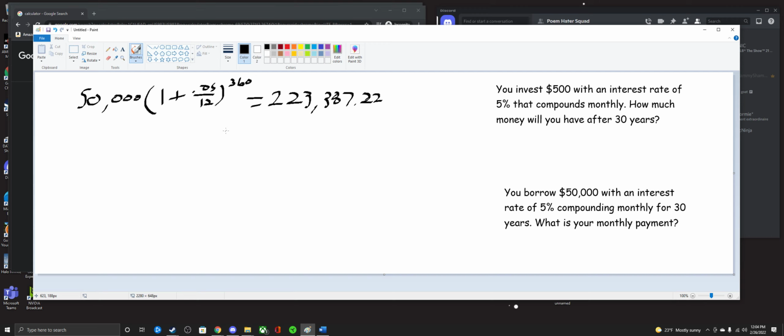So now that we know how much this loan will be worth at the end of all 30 years, this is how much you would have to pay. Like, per month, you would have to eventually add up to this amount. So in order to solve that out, we use a new equation. We use A times 1 plus, actually I need more space. So we have A times, we want to use a larger bracket here.